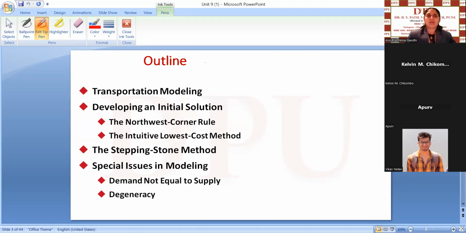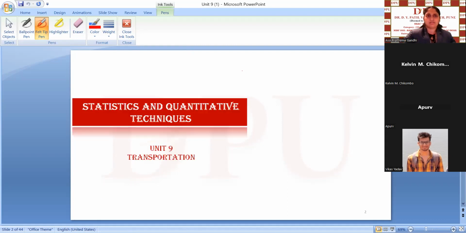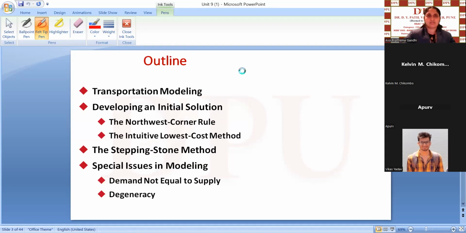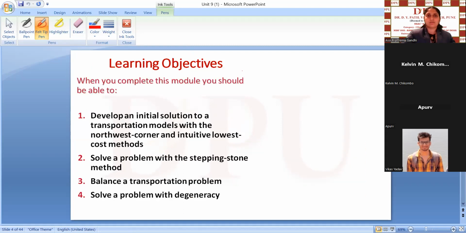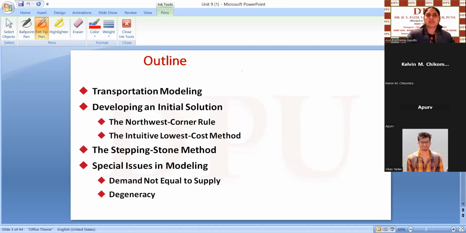Let me write here. Basically, the transportation problem we solve by using three methods: the northwest corner method, the lowest cost method, and the VAM method.